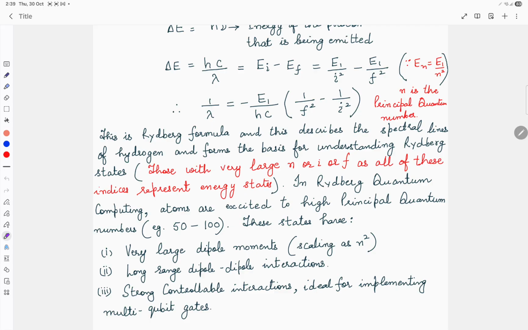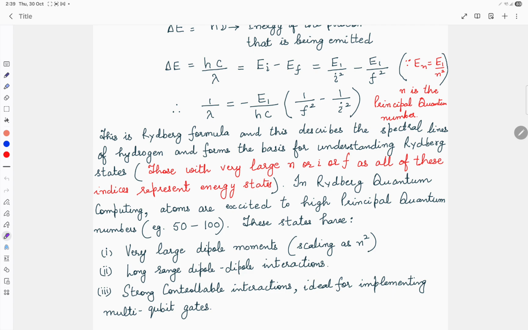Now if you try to excite multiple atoms with a resonant laser, the first atom that reaches the Rydberg state shifts the Rydberg level of the neighboring electrons also. If that shift exceeds the laser bandwidth, the neighbors are off resonance and cannot be excited. So one atom blocks the other because it will need more energy.